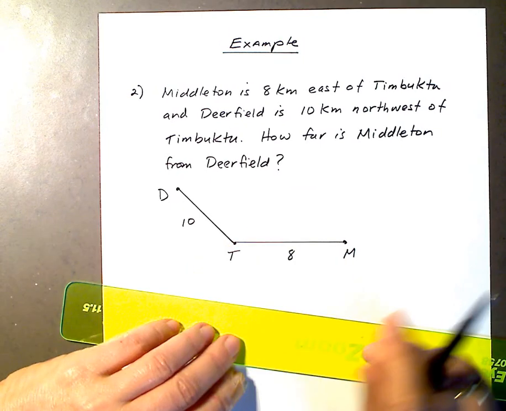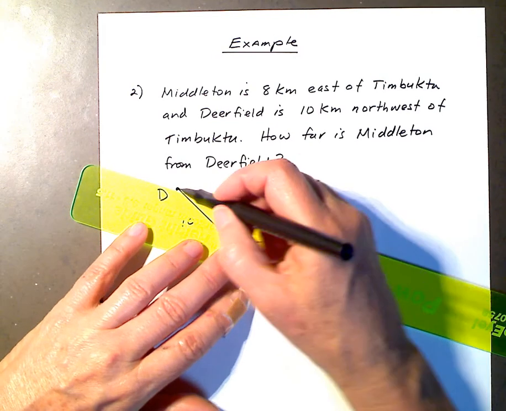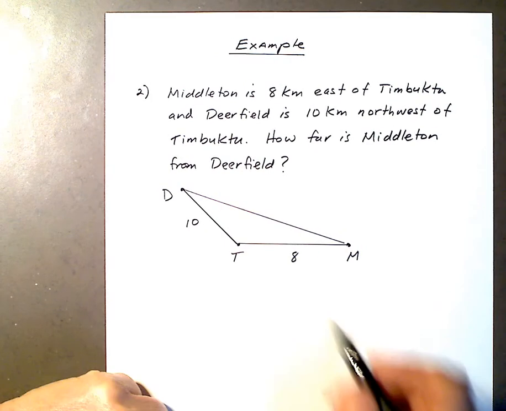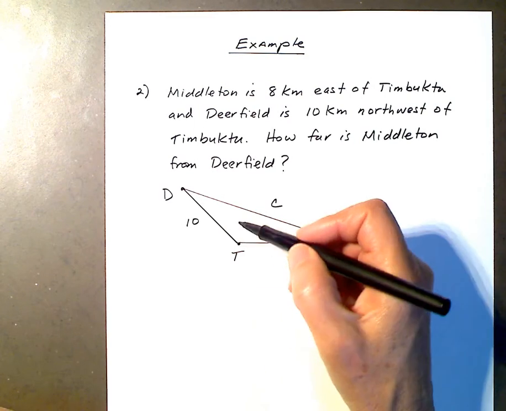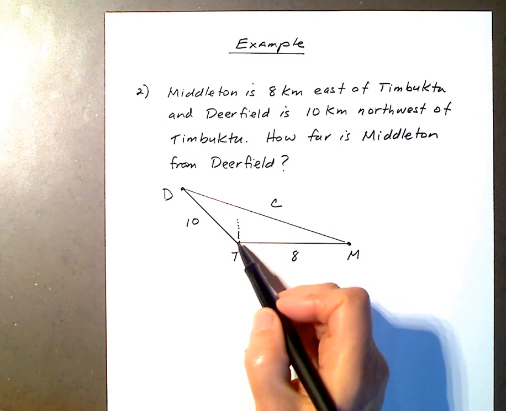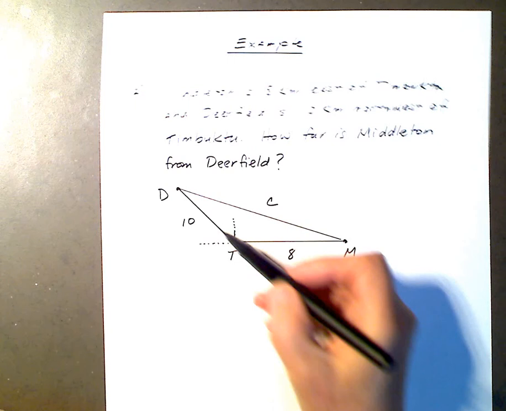And then the question says, how far is it from Deerfield to Middleton, between those two? So we'll just call that C. We don't know. But we need to know this angle, and so we have to understand that if you had a 90-degree angle, it would look like so, going due north, and if you're going due west, it would go like this. So northwest is a 45-degree angle.